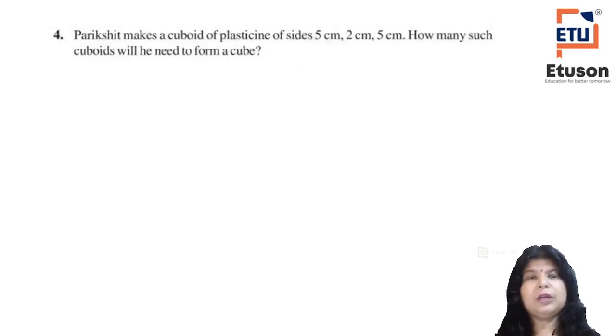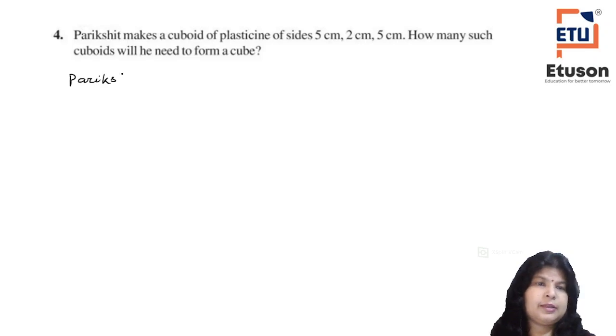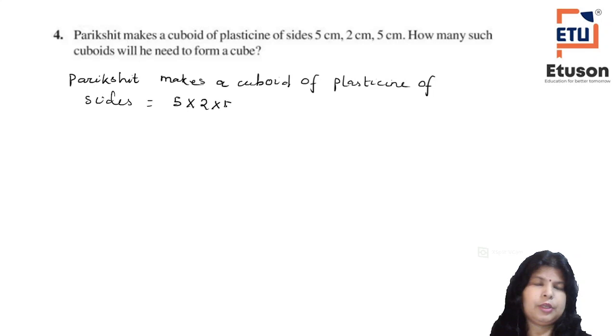Okay, so now let us go to the last question of the exercise. Parikshit makes a cuboid of plasticine of sides 5 cm, 2 cm and 5 cm. How many such cuboids will he need to form a cube? So let us write down. Parikshit makes a cuboid of plasticine of sides 5 into 2 into 5.